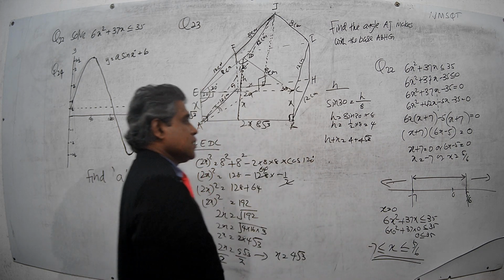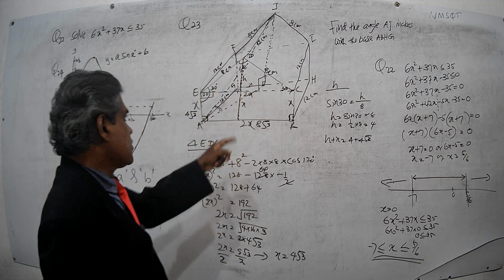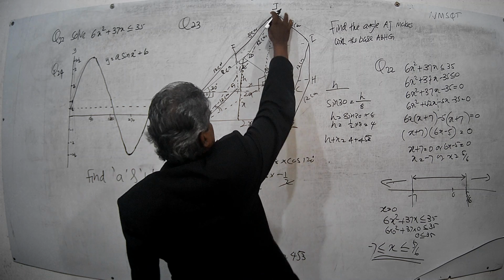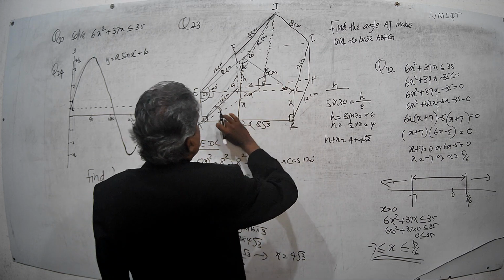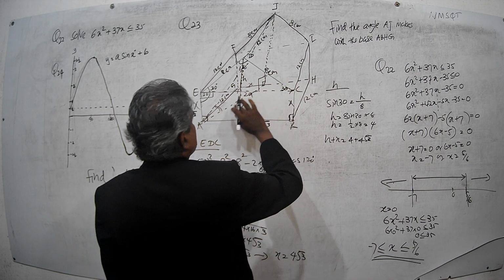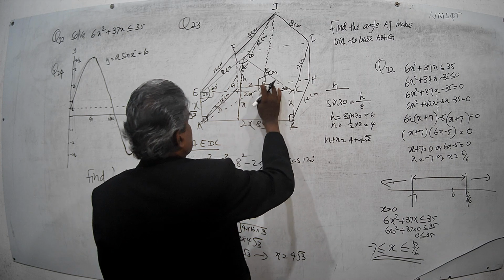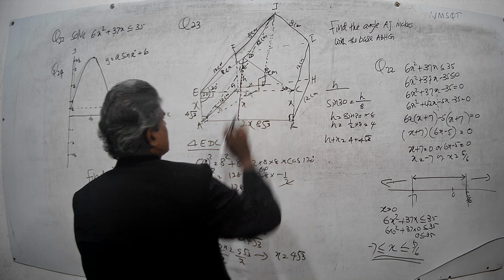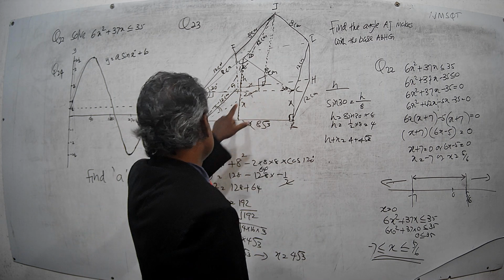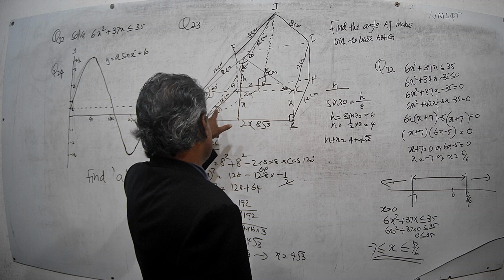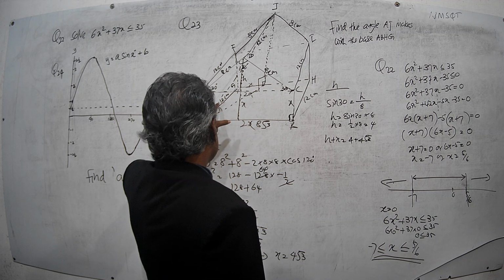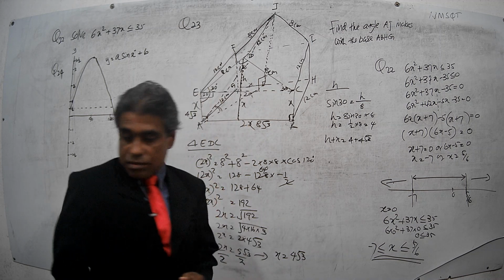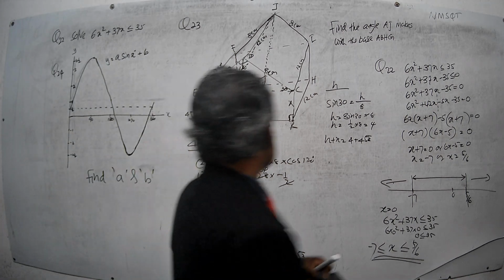That is this height. We found that this height is equal to this height. Then take this right angle triangle. Here this part is x, this part is 12, so we use the Pythagoras theorem for that part.